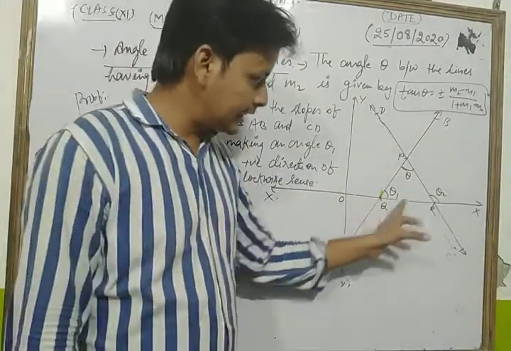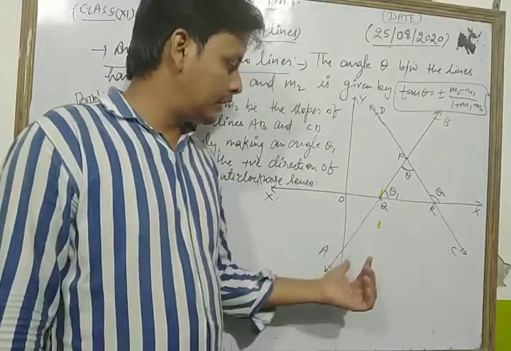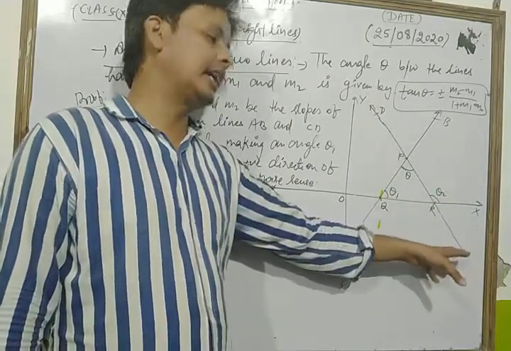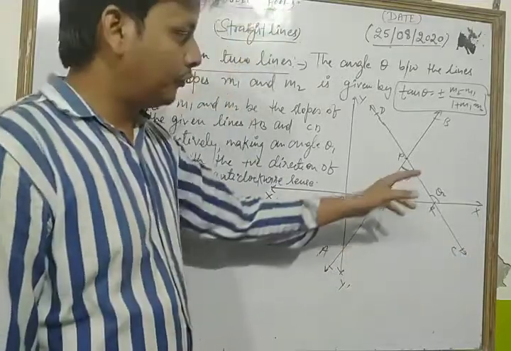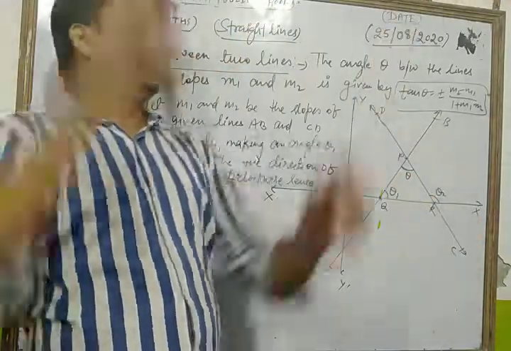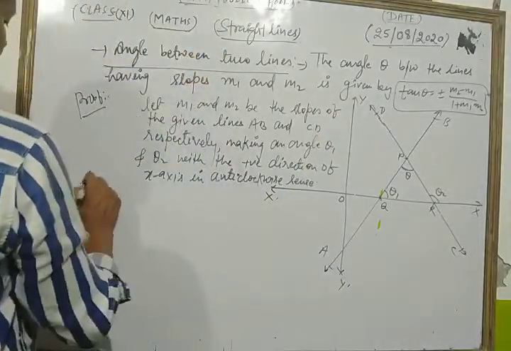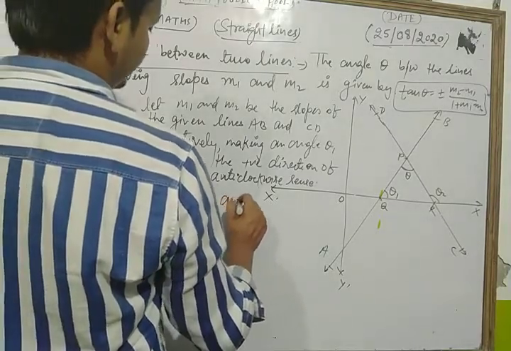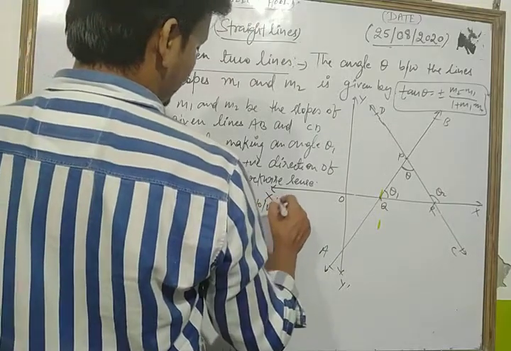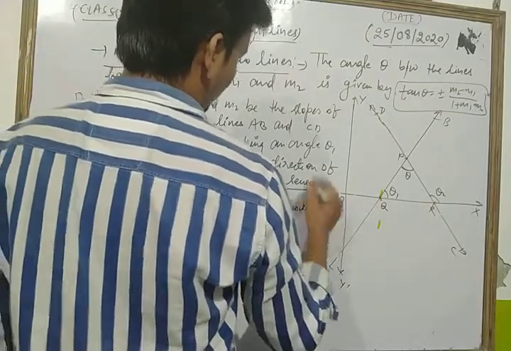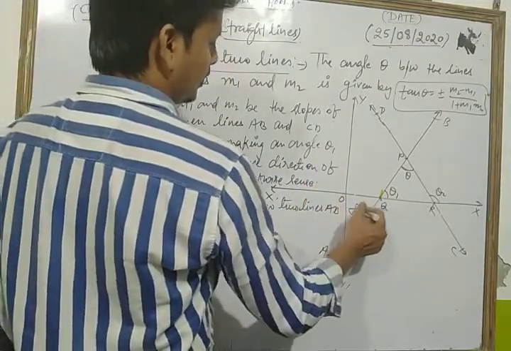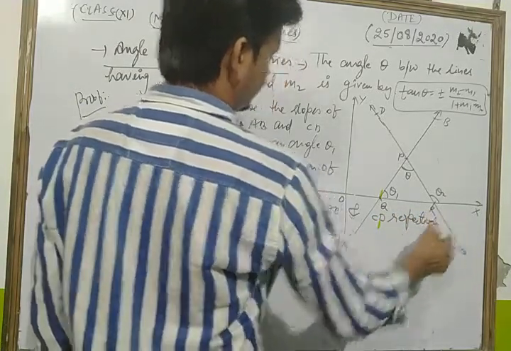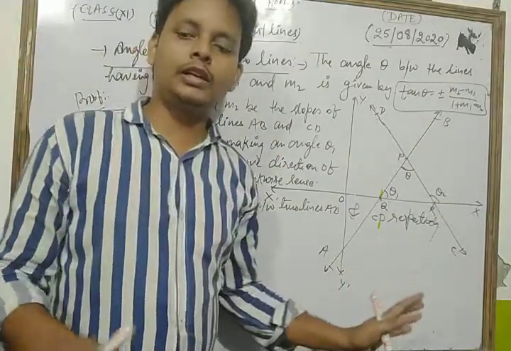Let theta 1 be the angle made by line AB with the positive direction of x, theta 2 the angle made by line CD with the positive direction of x, and theta the angle between the two lines AB and CD. Now clear, dear students?